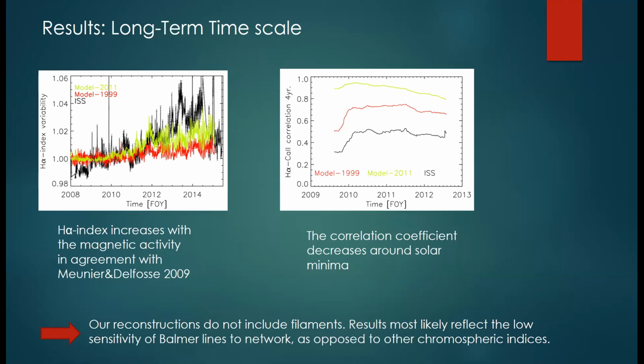However, I would like to point your attention to the fact that in our model, we do not include the effects of filaments. The lower correlation coefficients found during periods of lower activity are instead due to the fact that the models indicate that H alpha is less sensitive to the presence of network, whereas calcium is much more sensitive to the presence of these types of structures.